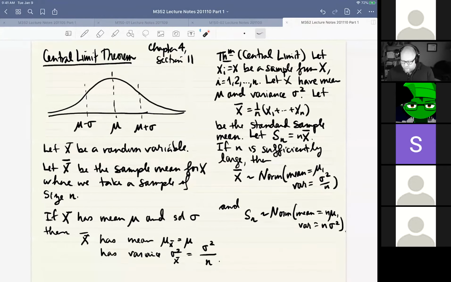That's not new. What's new is the fact that the sample mean as a random variable will follow the normal distribution. That is, it'll have this shape. No matter how wacky the probability mass function for x is, the mean follows this shape, and that's remarkable.